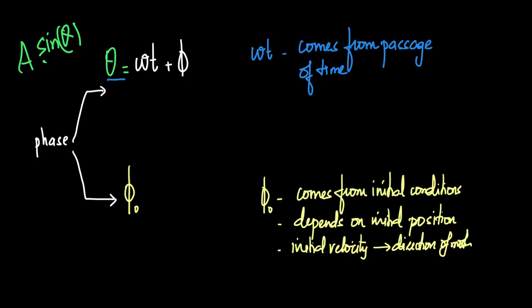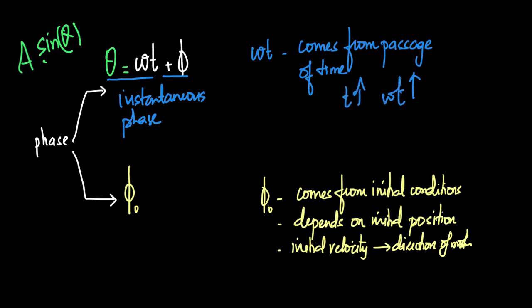When we say theta is equal to omega t plus phi, we are referring to the instantaneous phase, which means phase at a particular instant of time, a general instant of time. And omega t within this comes from the passage of time, which means as time increases, omega t increases as well. Or if the value of omega is decreasing as time increases, omega t would decrease as well.